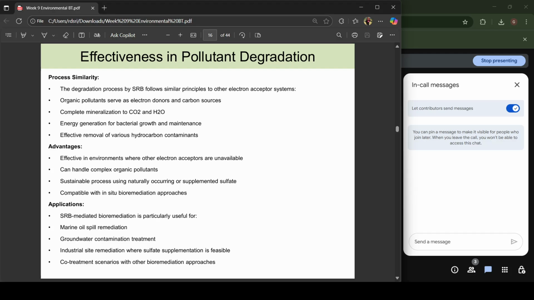The applications include marine oil spill remediation, groundwater contamination treatment, and industrial remediation where sulfate supplementation is feasible, or industrial byproducts with high sulfate content can be remediated using SRBs, and also co-treatment scenarios with other bioremediation processes is one of the applications in which sulfate reducing bacteria are used.